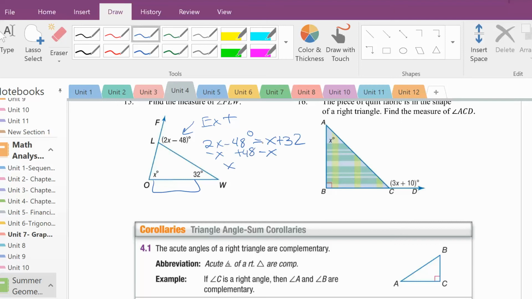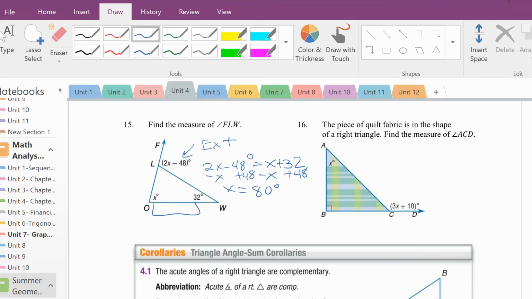You add 48. So x is equal to 80. All right, so now same thing here with number 16. I'll let you take a crack at it and then we'll go over the answers.